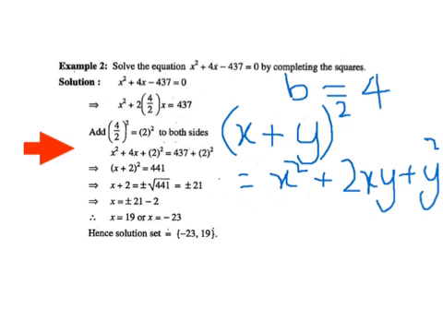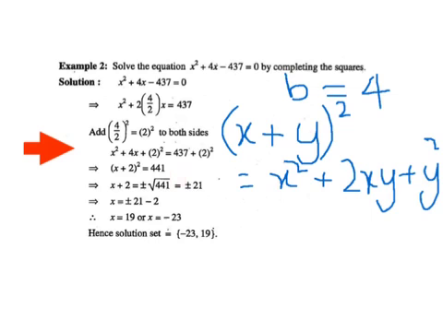Now we will go on to simply solve the equation to get a value for x, taking the square root on both sides. You get x plus 2 on the left-hand side, and you get the square root of 441 on the other side.